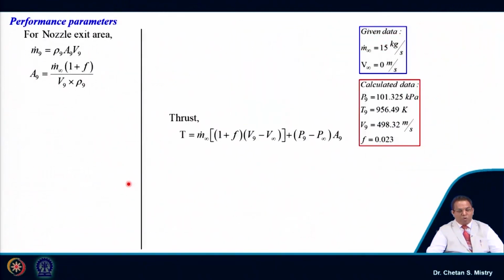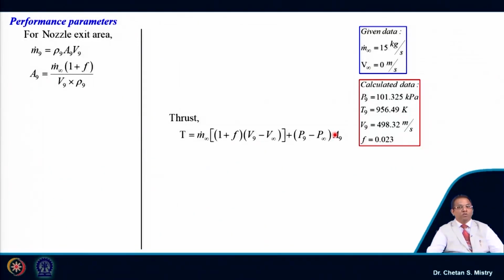Okay. Now, once we have calculated that, our target is to calculate my thrust, and this thrust equation is given by m dot infinity into bracket 1 plus f, V9 minus V infinity. So, here we are looking for our area. This area is nothing but my nozzle exit area.